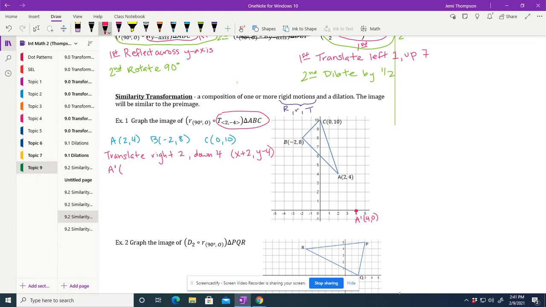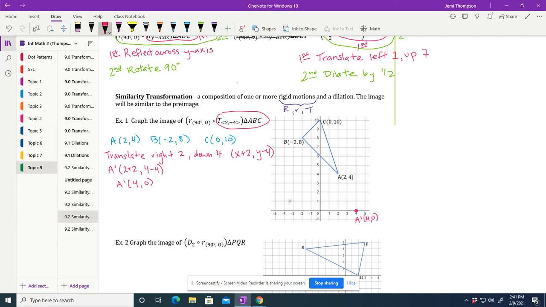So you could do this algebraically also. So if I look at this coordinate for A, 2 comma 4, if I add 2 plus 2, I'll do this one really slow. And then if I do 4 minus 4, then I get A prime is 4 comma 0, which is the same thing if I move it visually.